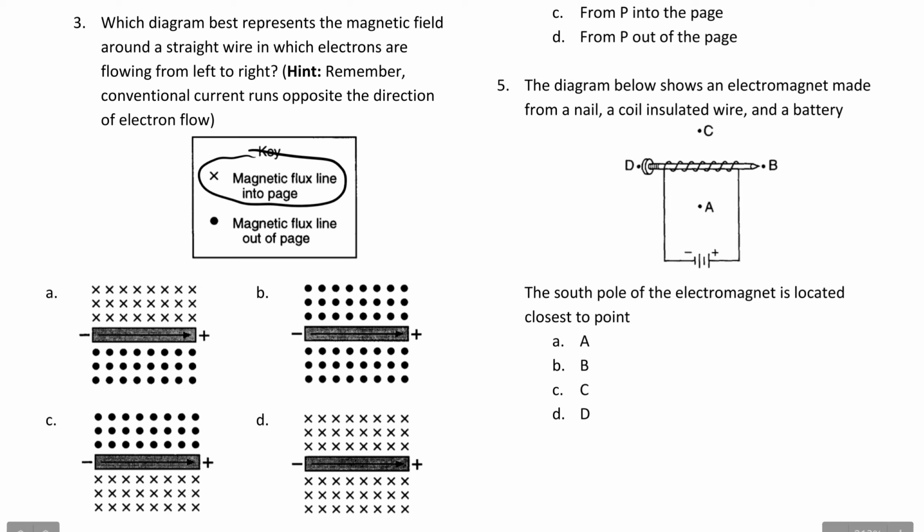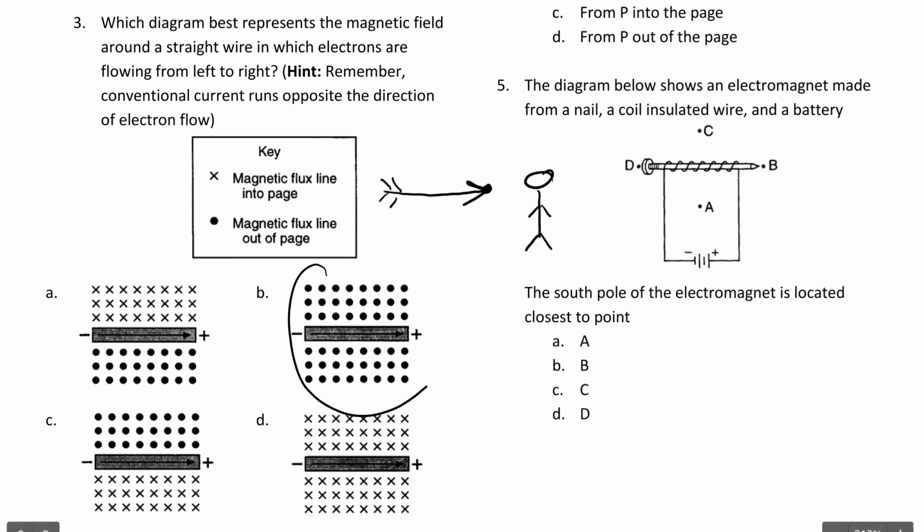Magnetic flux line into the page. The magnetic flux line is out of the page. You could think of it like an arrow. So if we're going to the right, all right, what does this person see? This person sees the dot of the arrow coming at them. So when you see the dots, picture, oh, this is like a lot of arrows coming right at me.